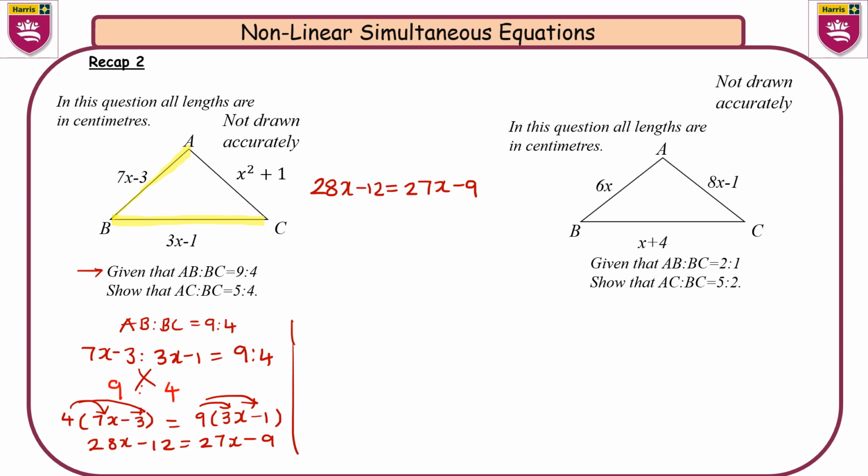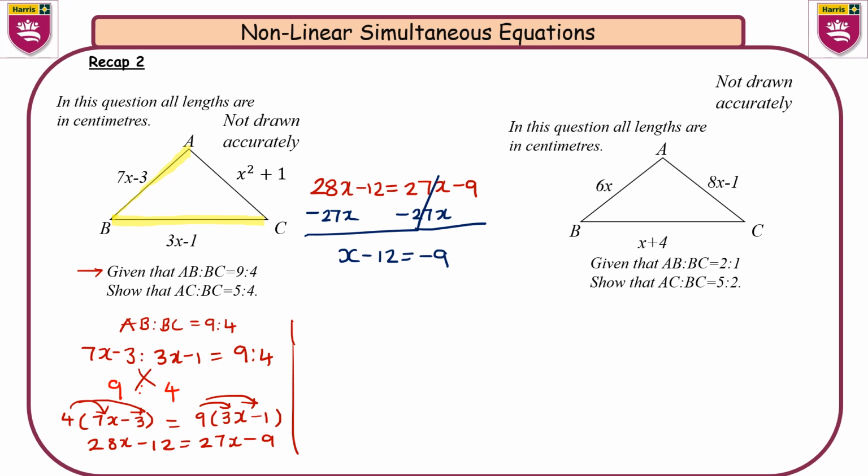Therefore, we are going to end up with a positive x. So if I take away 27x from both sides, 27 being the smallest x, I will be left with 28x take away 27x is going to be x. Negative 12 will remain as negative 12, we're just going to take 12 away, and that is take away 9.